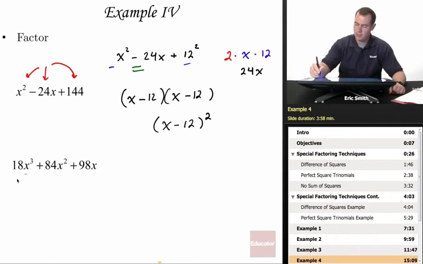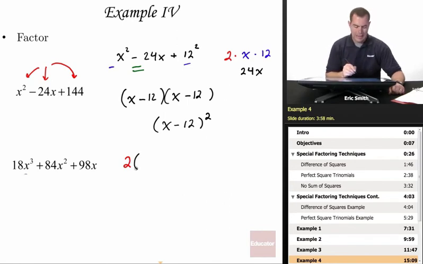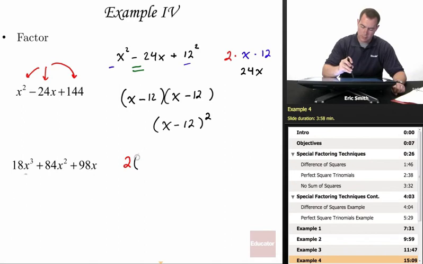All right, so let's take those out and see what we have left over. 18, I need to take out my x as well. 18 divided by 2 would be a 9, x squared. 84 divided by 2 would be a 42, x. And 98 divided by 2, 49.